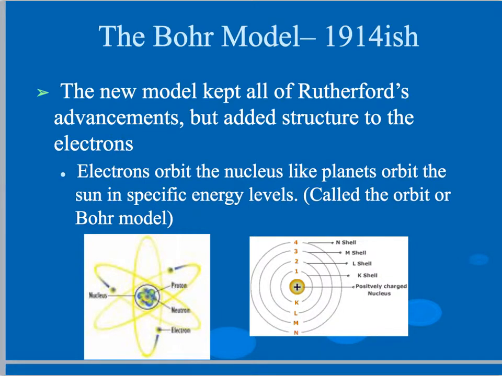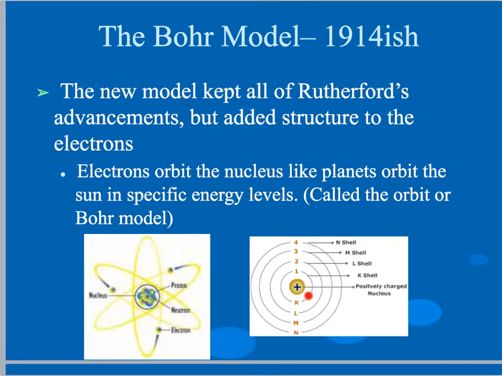So Bohr updates the model. He adds some electronic structure to Rutherford's nuclear model of the atom. And this is the model that you've probably seen many times in your life. So you have the nucleus in the center, and then these electron shells surrounding it, and each one can hold a particular number of electrons.